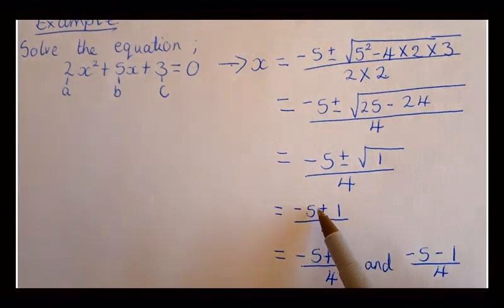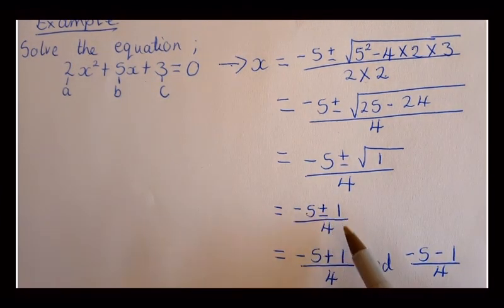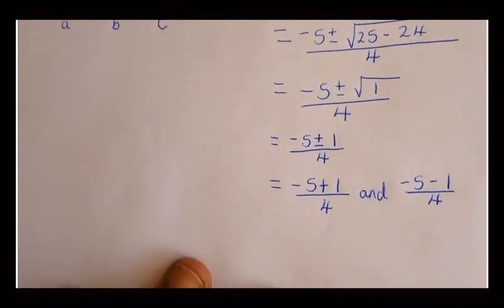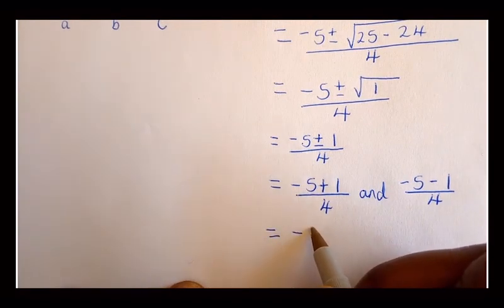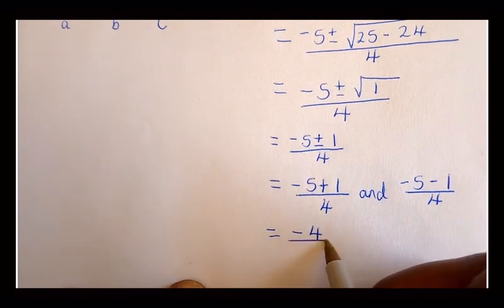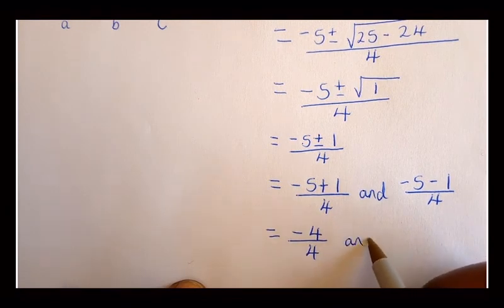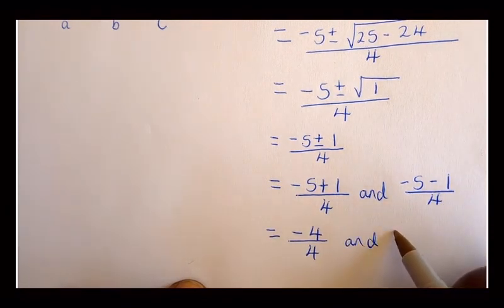We just split this, it's plus or minus 1, so we take the solution from when we add 1 and when we subtract 1. So minus 5 plus 1 is equal to minus 4, right, over 4, and minus 5 minus 1 is minus 6 over 4.